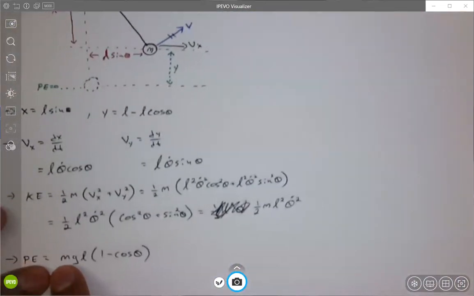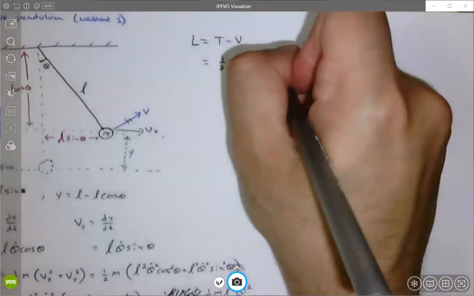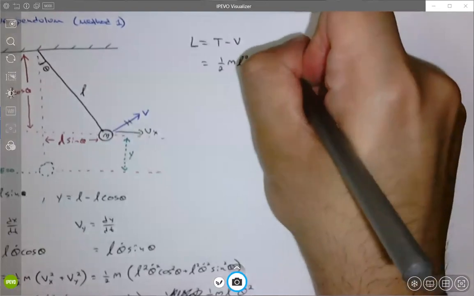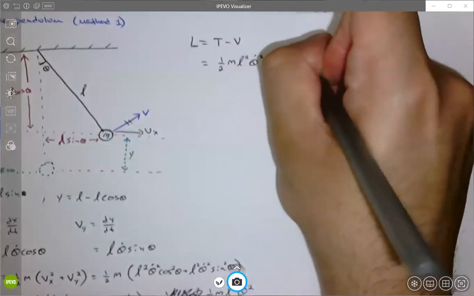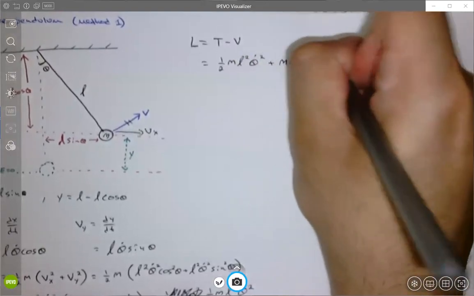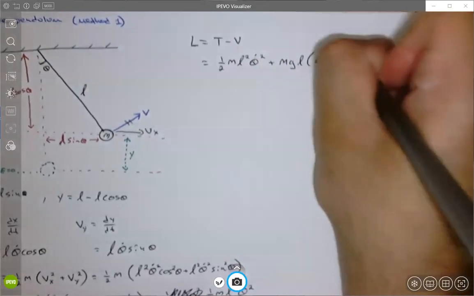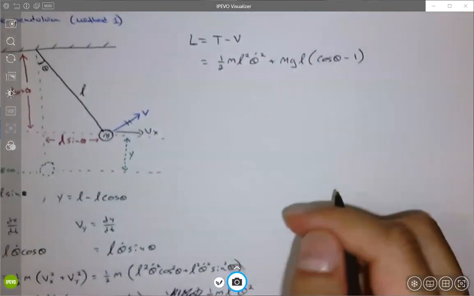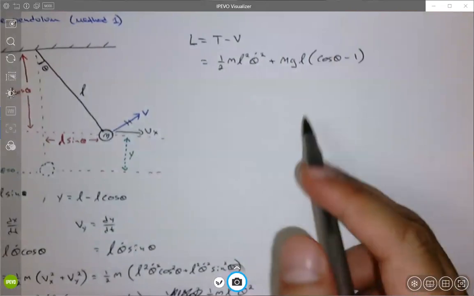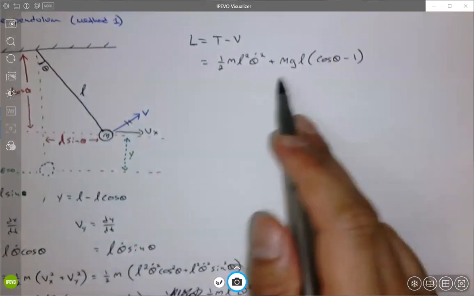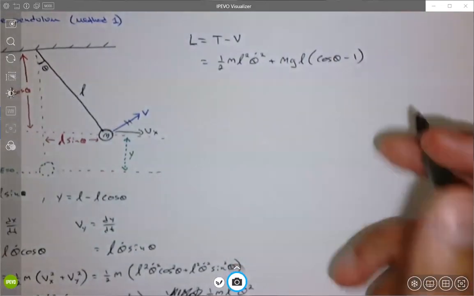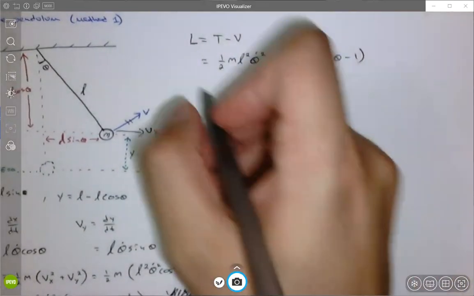So what I'm going to do is just flip these two right here and call it an addition sign. So it'll be plus mgL cosine theta minus 1, just to make my life easier. To make it even easier, I could distribute the mgL into here for when we take the partial derivatives.